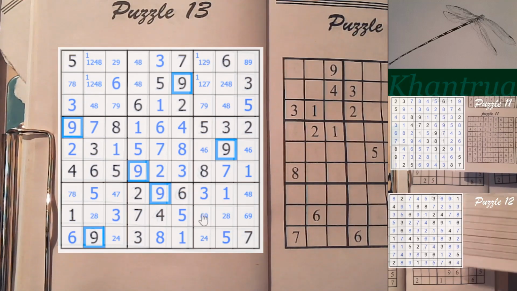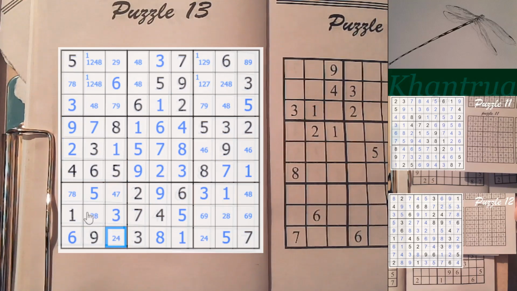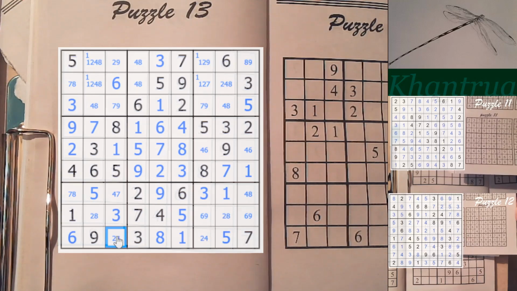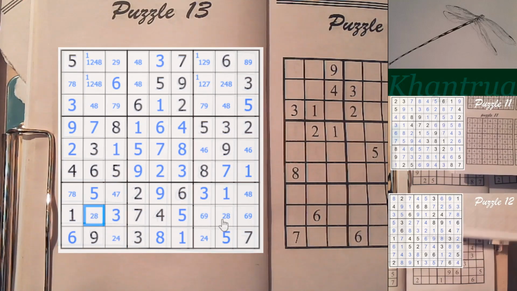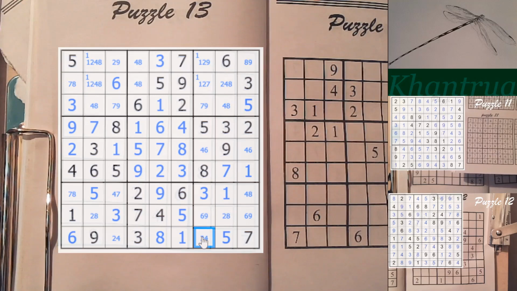Thinking there's something that has to be. If that's a two, that's going to be an eight. If that's an eight, that's going to be a two. That's going to be a four. Okay, so if this is a two, two, eight, two, four. Okay, let's see.